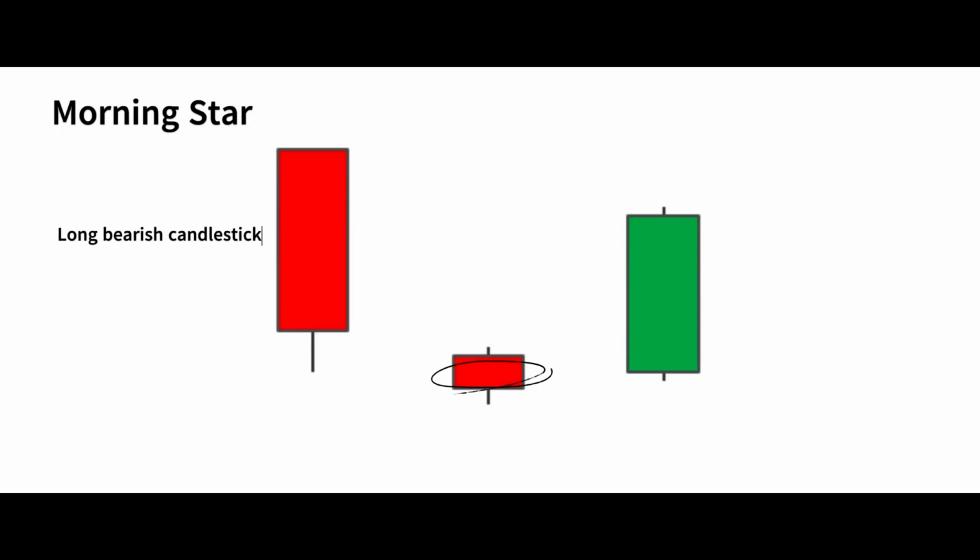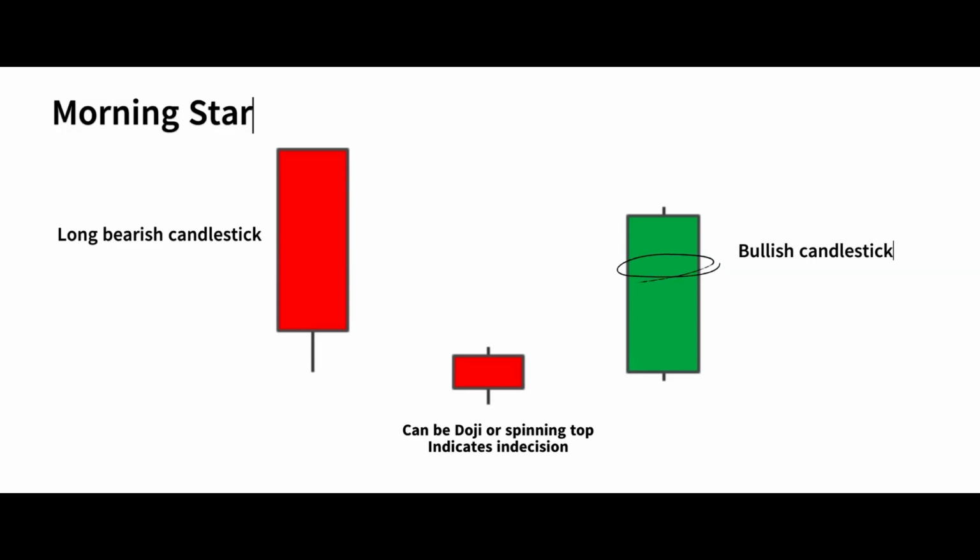The second candlestick is a smaller candlestick that has a narrow range indicating indecision and a potential weakening of the bearish momentum. This candlestick can be either bullish or bearish. The third candlestick is a bullish candlestick that closes above the midpoint of the first candlestick.